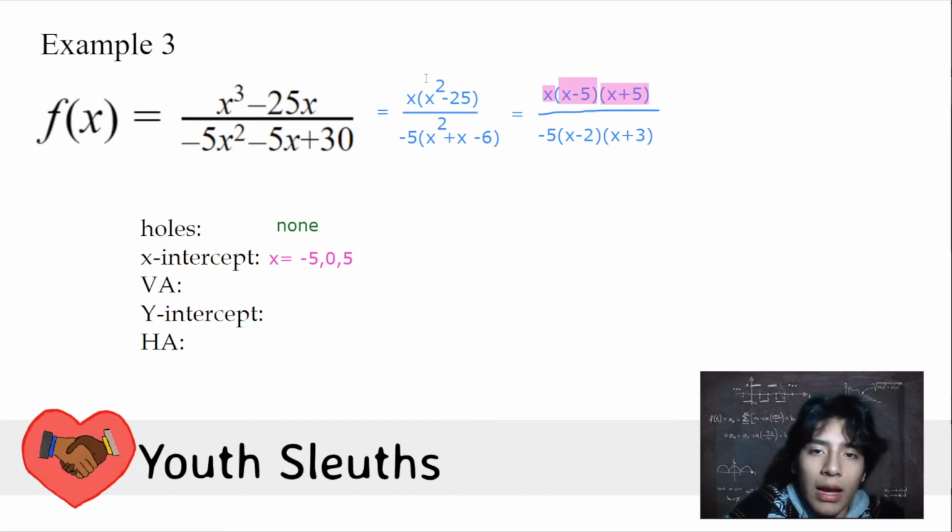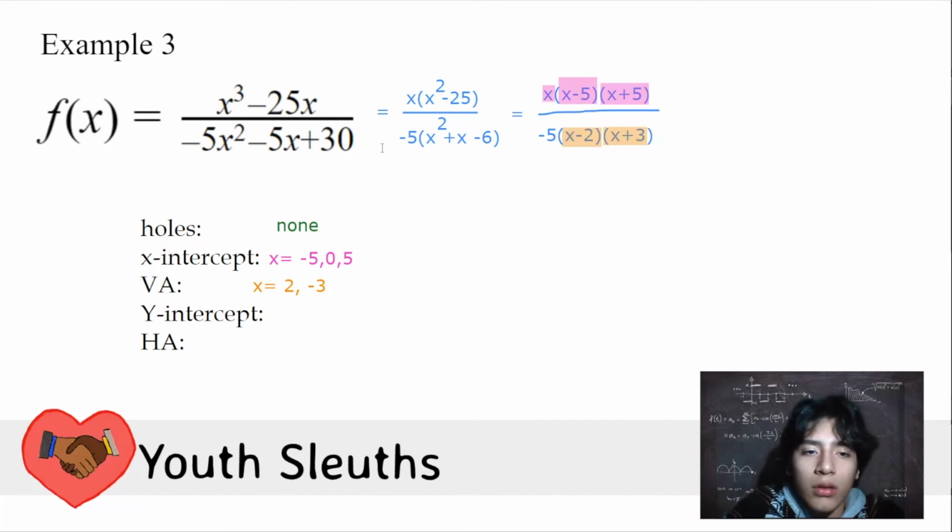Then for vertical asymptotes, we look at the bottom and see what factors we have there. And so we know we have an x minus 2 and x plus 3, meaning that our vertical asymptotes are x equals 2 and x equals -3.